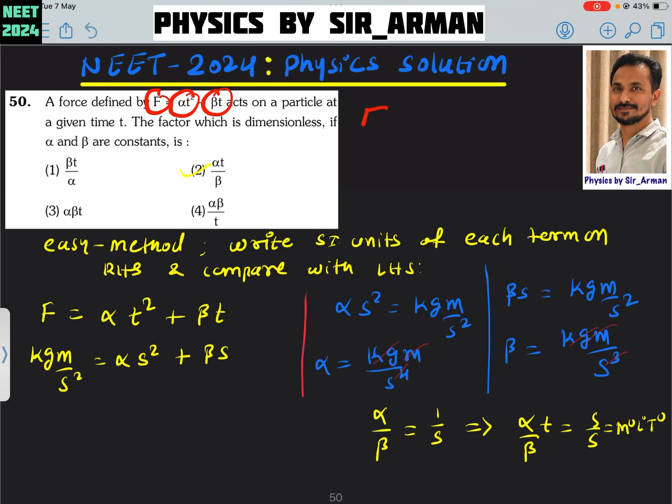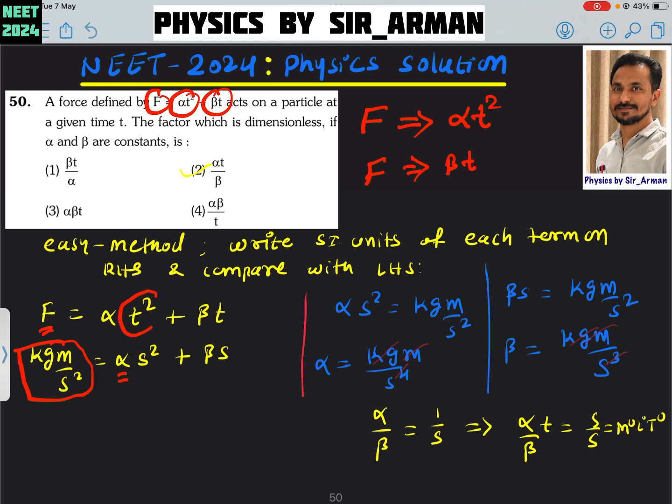Means on the LHS we have force. So alpha into t square has same dimension as that of force. Similarly, beta into t has same dimensions as that of force. So the units of F are kg meter per second square.